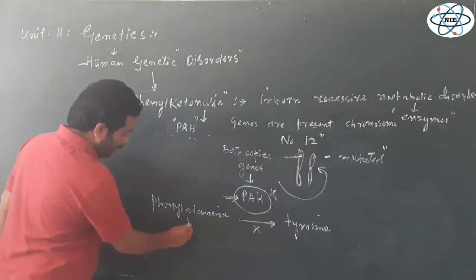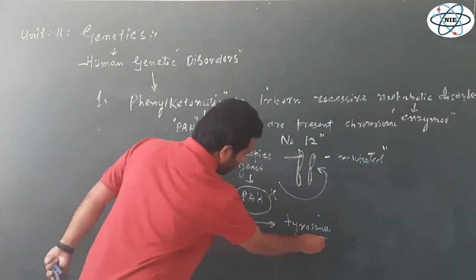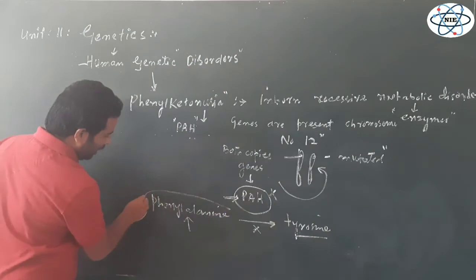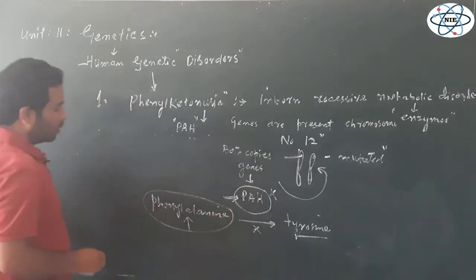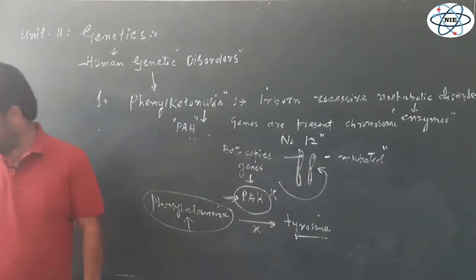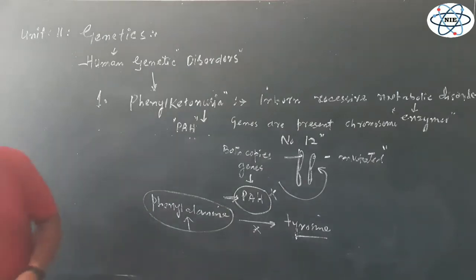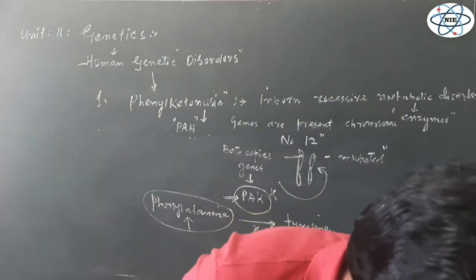This phenylalanine, which should get converted into tyrosine, is accumulated. There is accumulation of this phenylalanine in the blood and the body fluids.